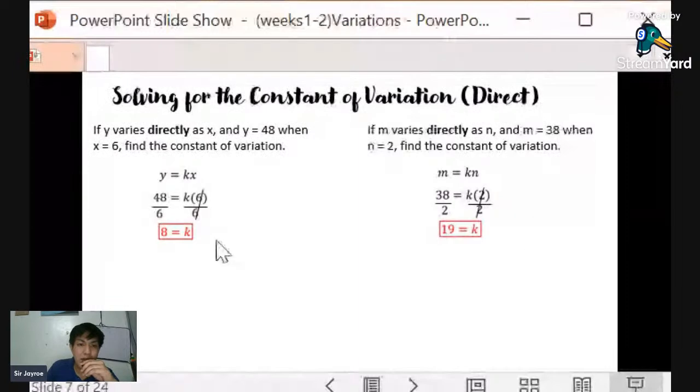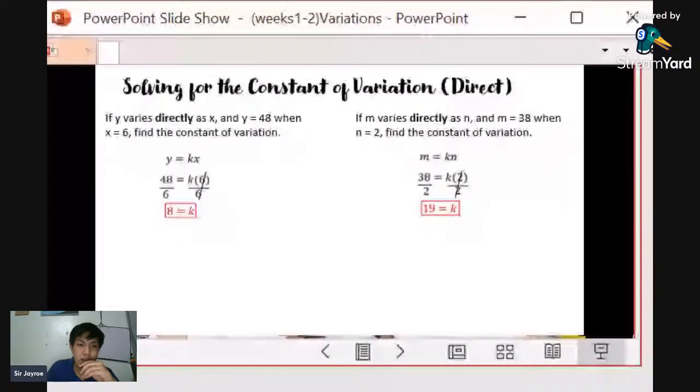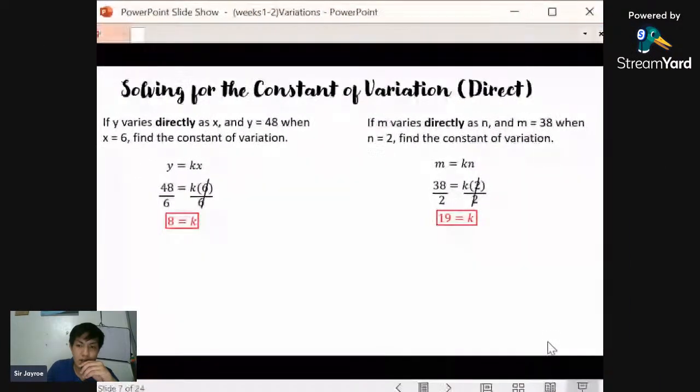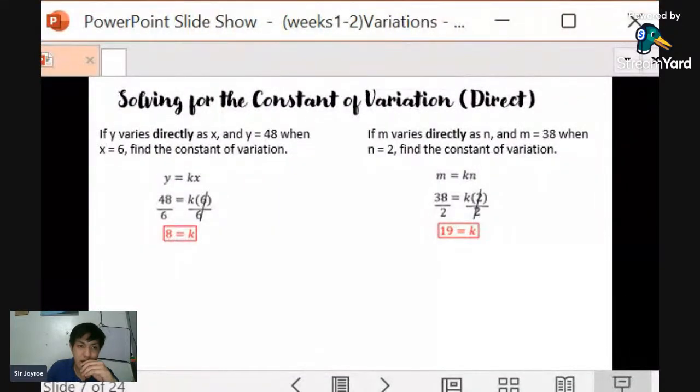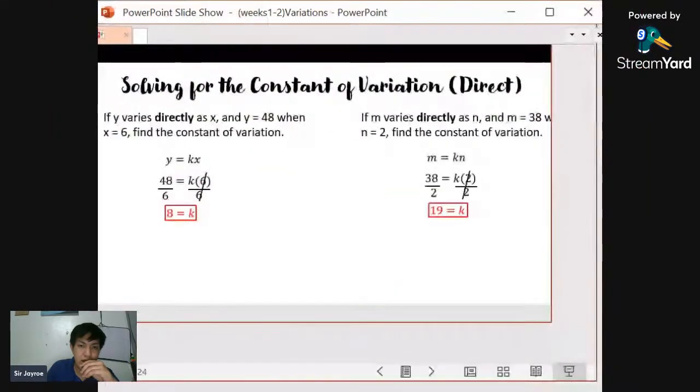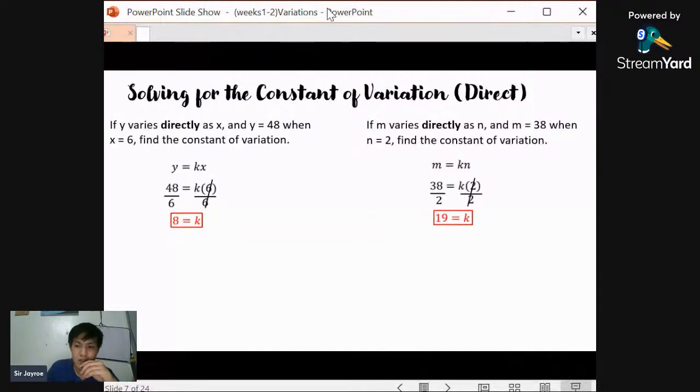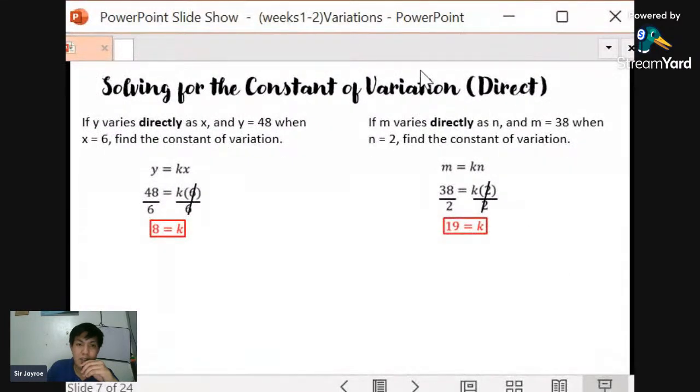Is it not very visible? Wait, let's try to adjust. Okay, wait. Is it not visible because it's blurry or small? I think for others it's okay. So if it's blurred, it's in your connection.